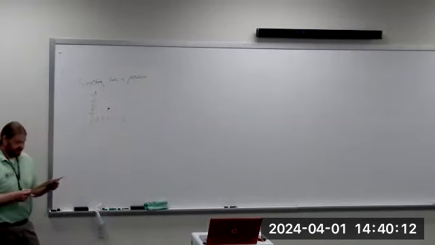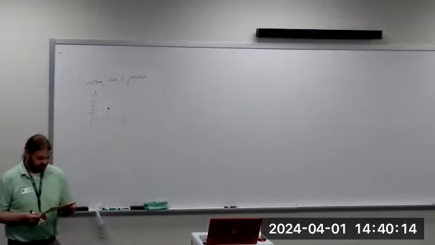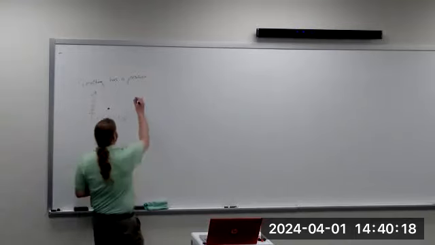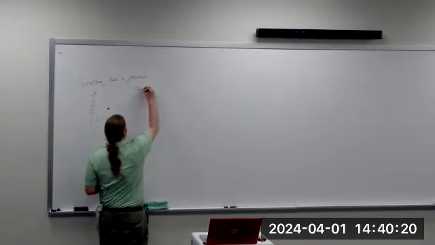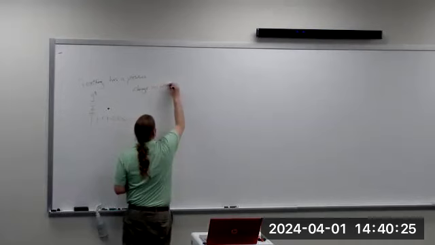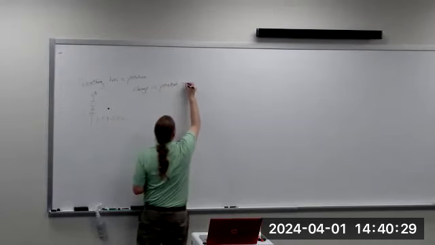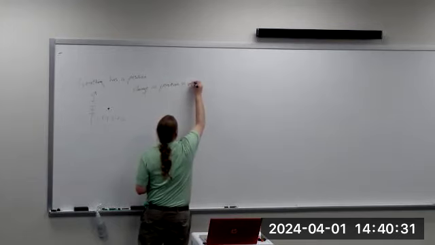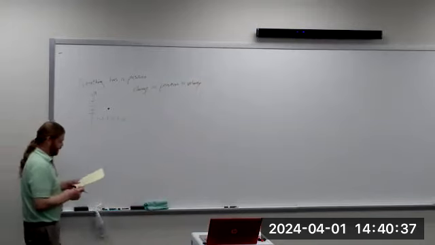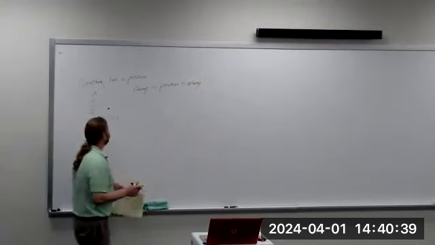It's got some position, and then a change in position is a velocity. I'll write it that way so I don't run out of room. I'm going to write it in math notation as well.